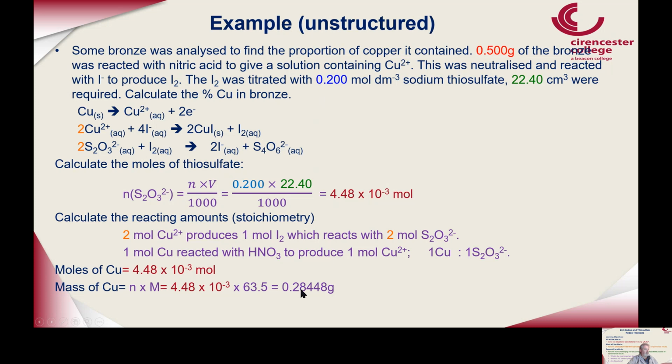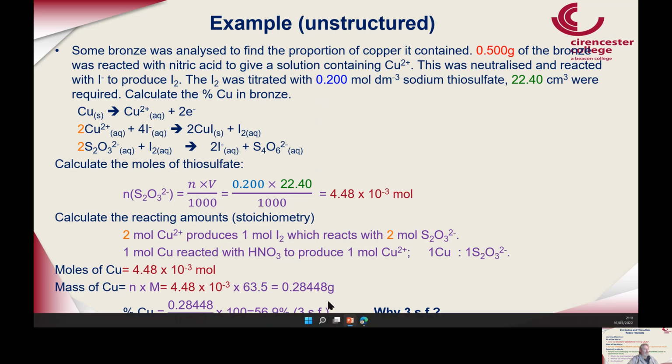That tells us that 0.28448 grams of our bronze was copper before it was reacted. So now we can do that divided by 0.5, which was our initial mass of bronze, times 100 to give us a percent. So it tells us that it's 56.9% to 3 significant figures.